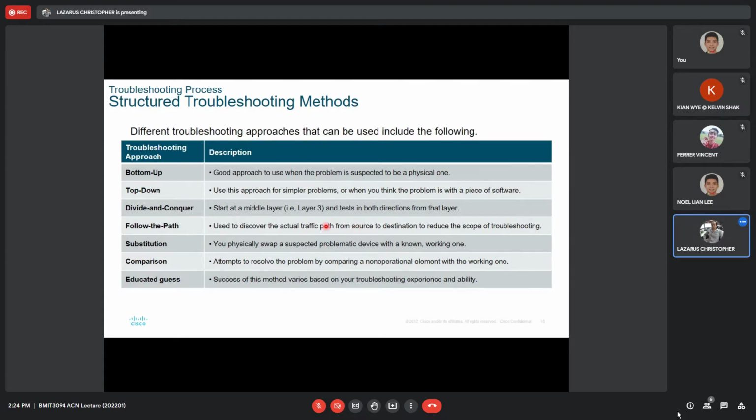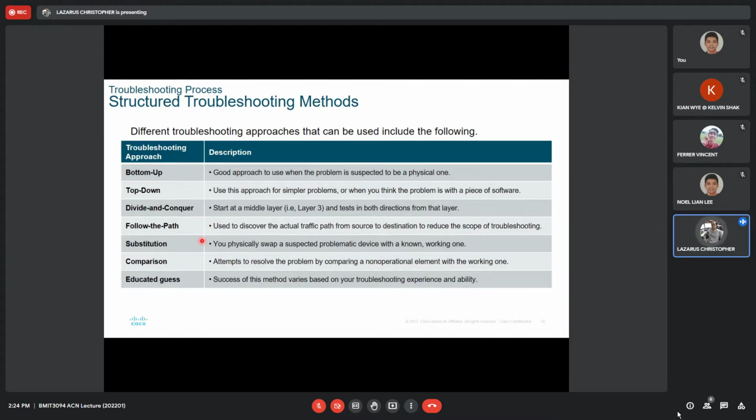Okay. Substitution: you say, I know I have a secondary copy, and I restore the configuration onto this secondary copy. I simply substitute the problem device with the new one. Then if it works, that means something there is damaged.